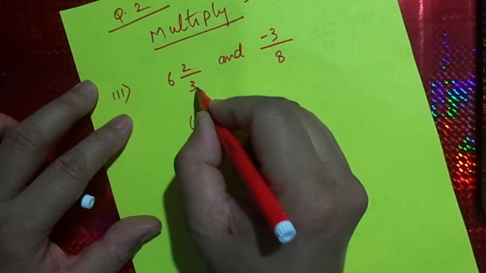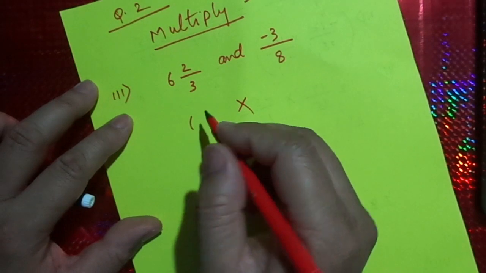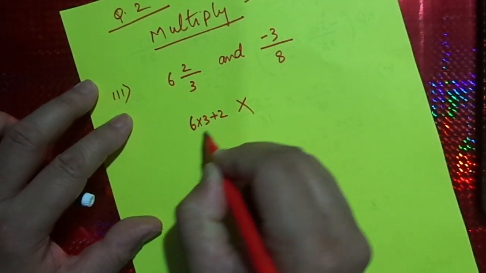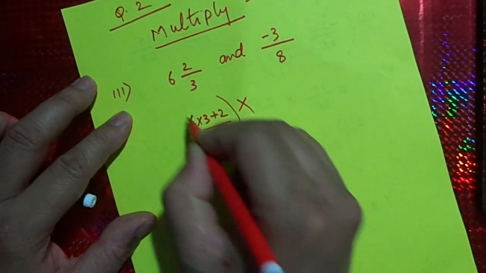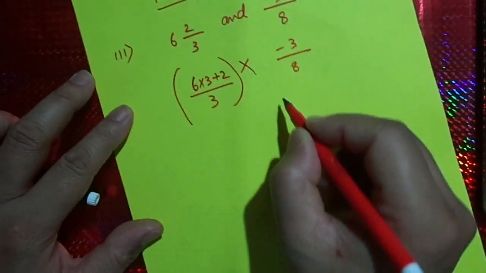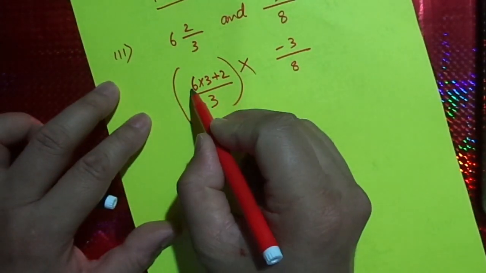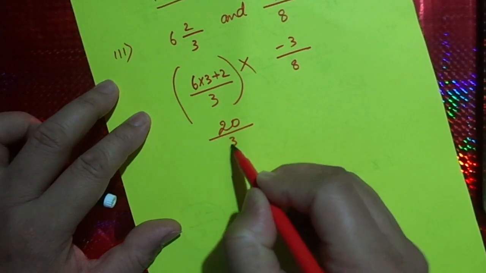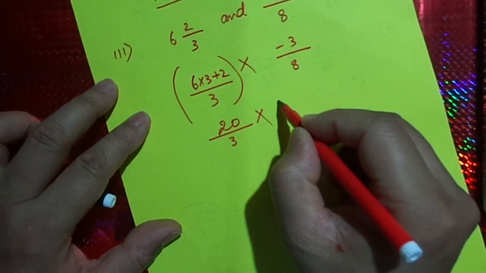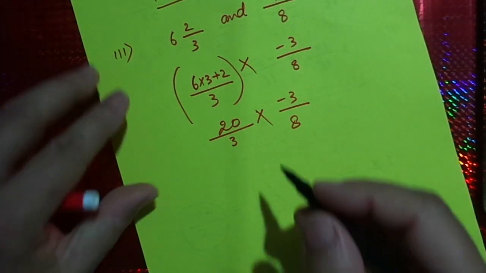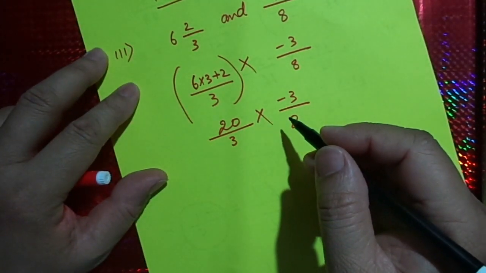6 2 by 3 can be converted to an improper fraction, like 6 into 3 plus 2 by 3 and minus 3 by 8. So this simplifies to 6 3 times 18 plus 2, 20 by 3, and when you multiply with minus 3 by 8, as I said, you have to take the benefit of cancellation.